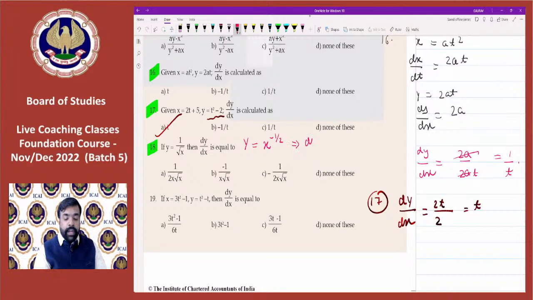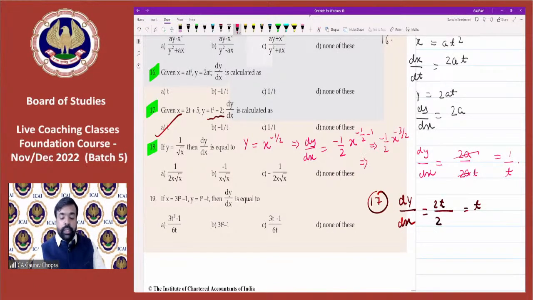Now, if we have to find dy by dx, minus half will jump forward and the power of x will become minus half minus 1. That is minus half x to the power of minus 3 by 2. And this can also be written as minus half x root x. That is option number C. Option number C is correct.